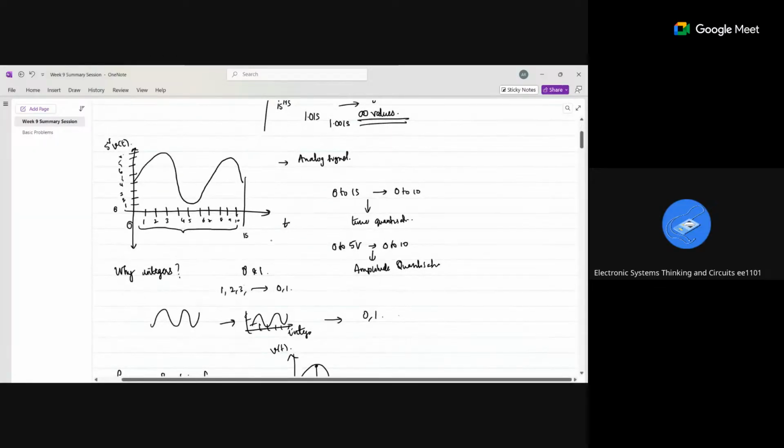Then these whole numbers I can convert into zeros and ones, because our computers can read only zeros and ones. That's why we break down the time axis into discrete values, break the y-axis into discrete values, and then convert these discrete values into binary values. Then those binary values will be read by the computer. Is it clear?